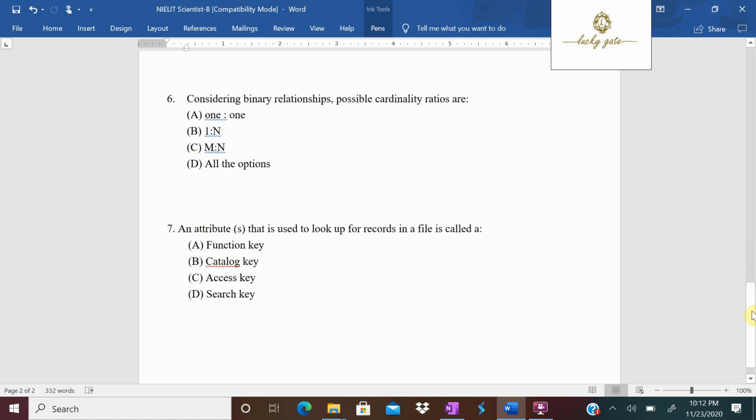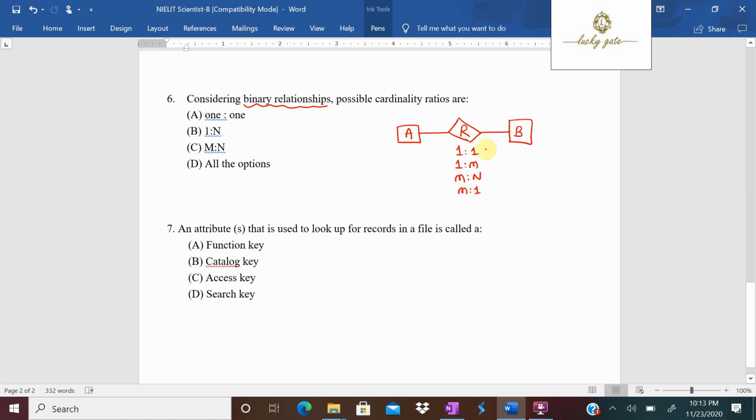Then question number 6. Considering binary relationships, the possible cardinality ratios between two entity sets. Let us say A is an entity set and B is an entity set, and between them we have a relationship R. Between them what cardinalities are possible? 1 to 1 possible, 1 to many possible, many to many possible, and many to 1 also possible.